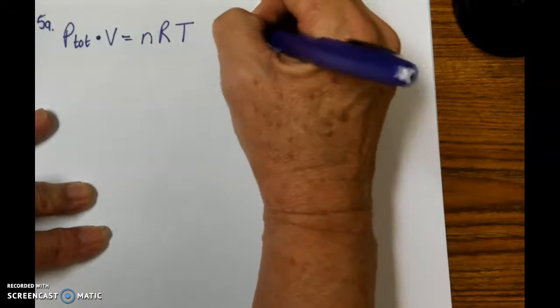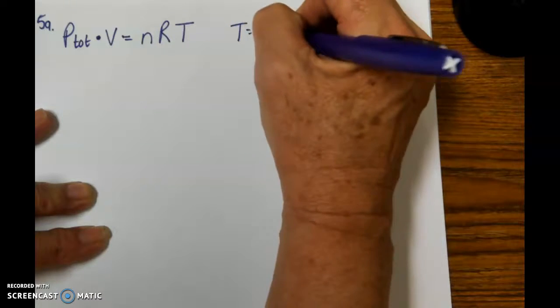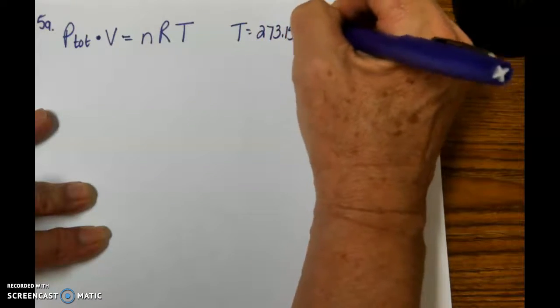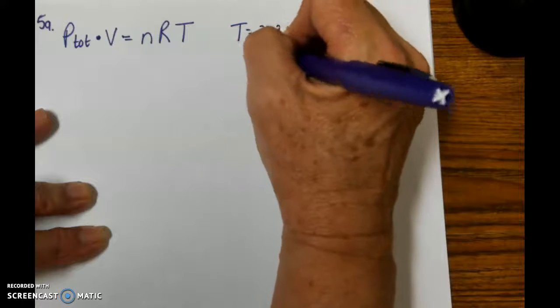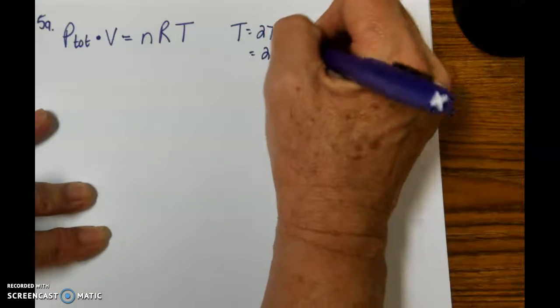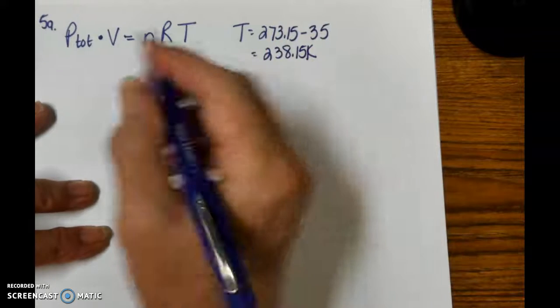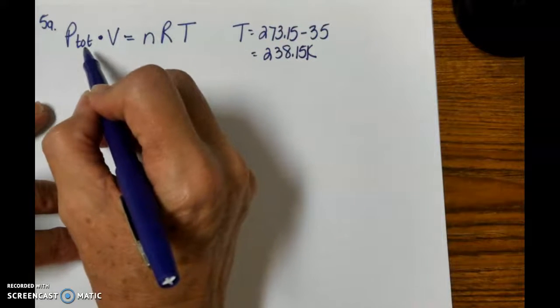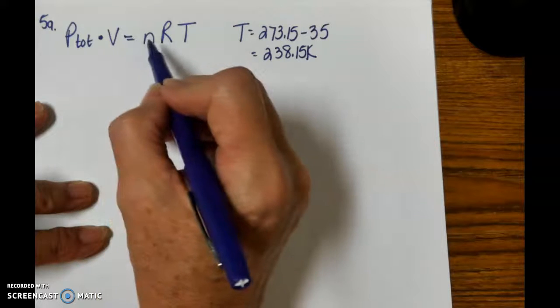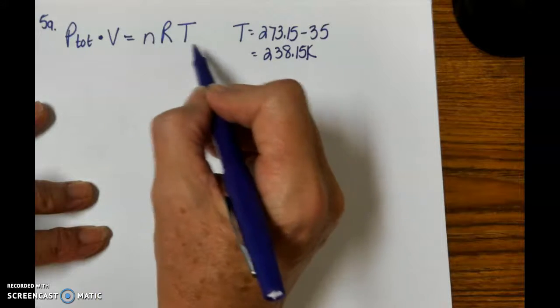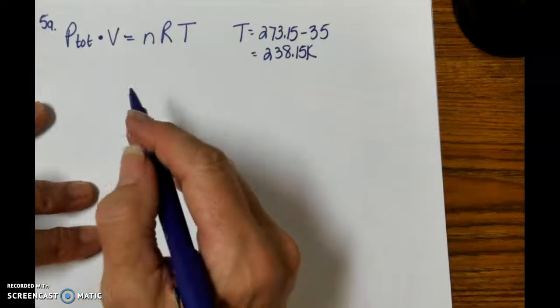Now in this case, our temperature is 273.15 minus 35, which is 238.15 Kelvin. Okay, so I basically have the volume of the whole system, the moles of the whole system, and the temperature of the total system at 30,000 feet.